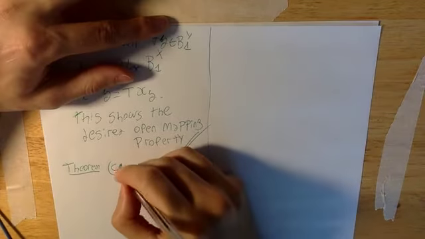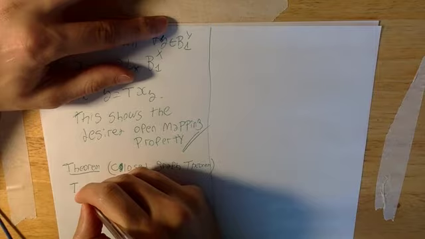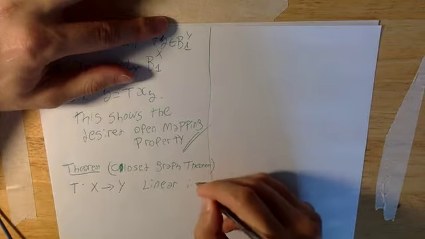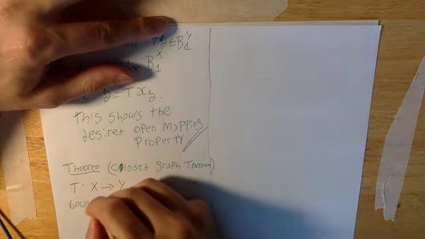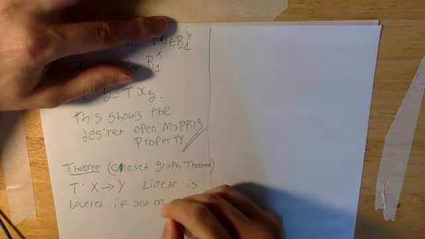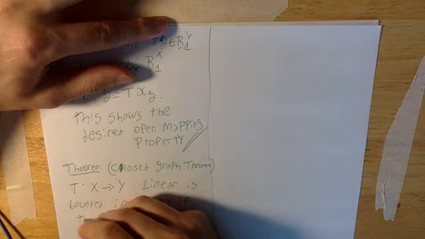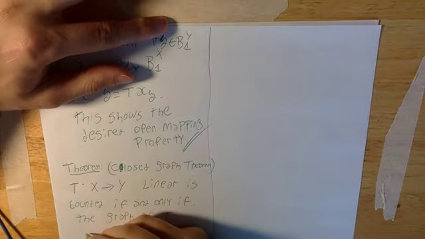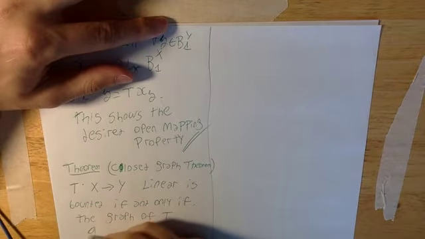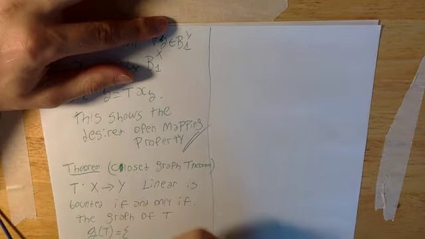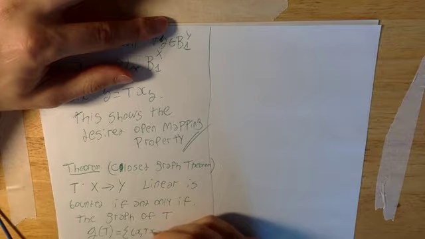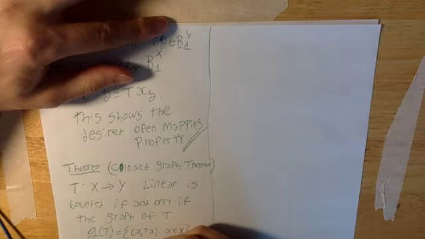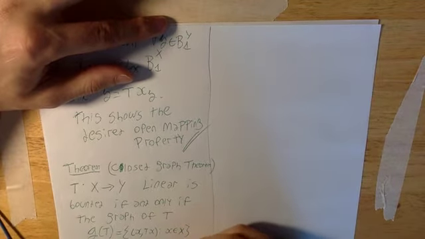The closed graph theorem says that T from X to Y linear is bounded if and only if the graph of T, which is all (x, Tx) such that x is in X, which is contained in the product space X cross Y, is closed.